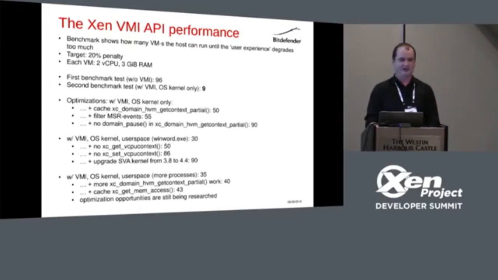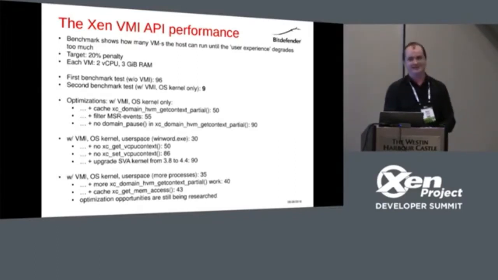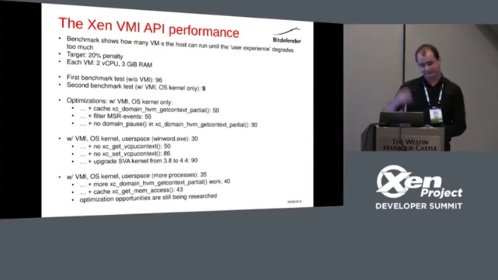For the initial baseline test, the benchmarking software said this equipment can easily take 96 VMs, no problem. The second benchmark was with VMI enabled, our beloved work, and it said only 9 VMs can be run in this mode.